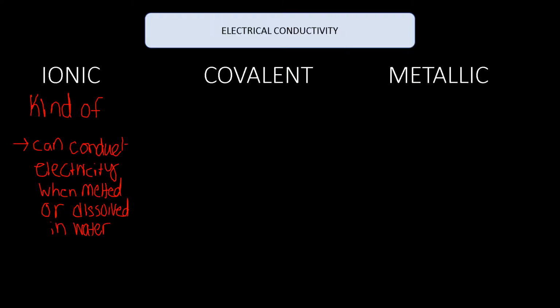Covalent compounds do not conduct electricity no matter what. And metallic bonds do conduct electricity, and metals conduct electricity as solids and when they are melted.